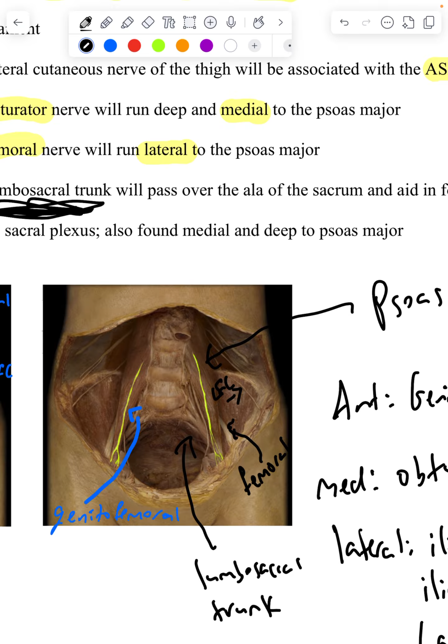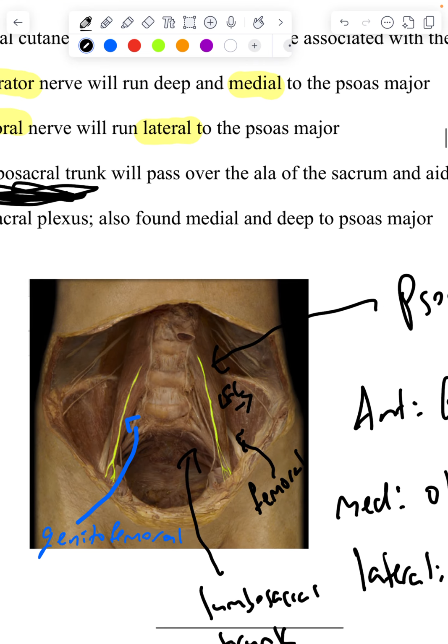Literally lateral to the femoral gives cutaneous or skin innervation. Now, if you look up here, you have this nerve root that splits these two. You can see it on both sides. Here, it splits these two. That nerve root is L1.